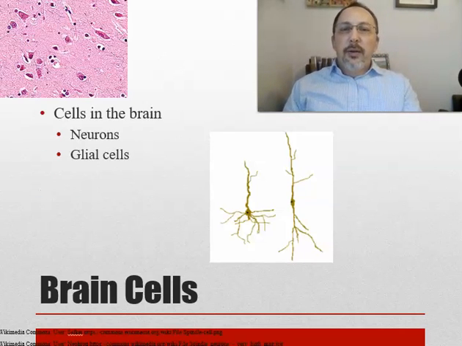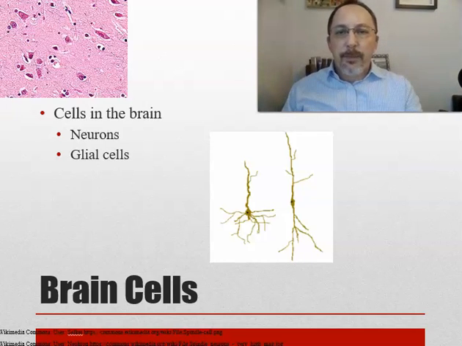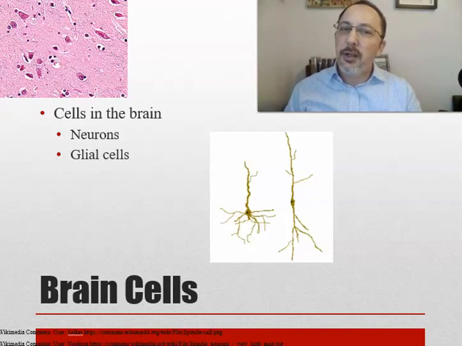Now we look at the two main types of cells in the brain, which are neurons and glia. In this image in the middle, you have neurons, a couple different configurations. And a key here is that neurons do come in different types, different configurations. And they have configurations based on what they need to do, how many branches they have.